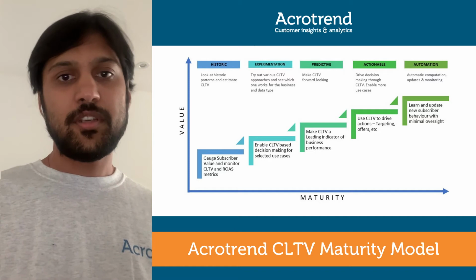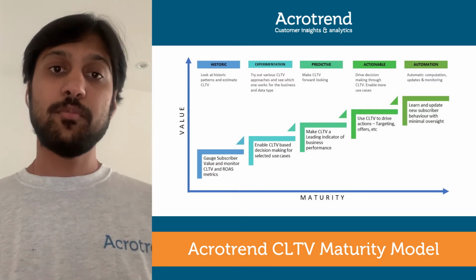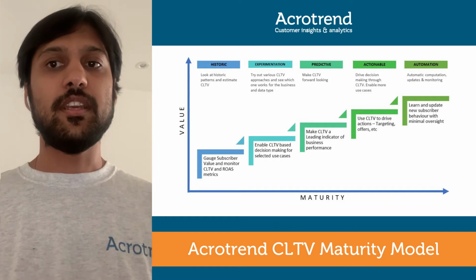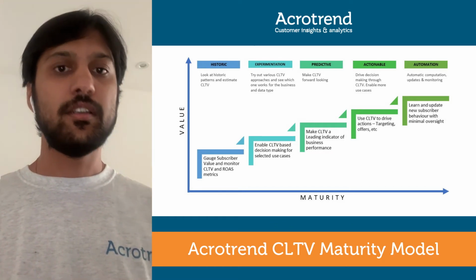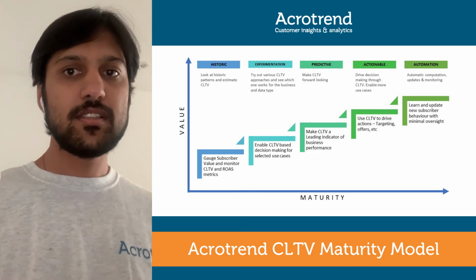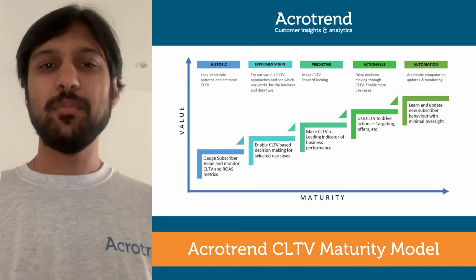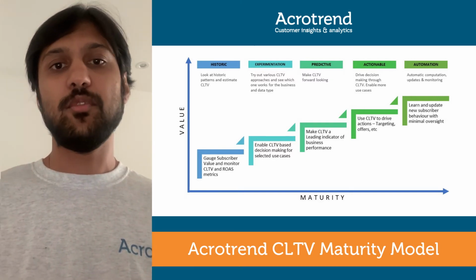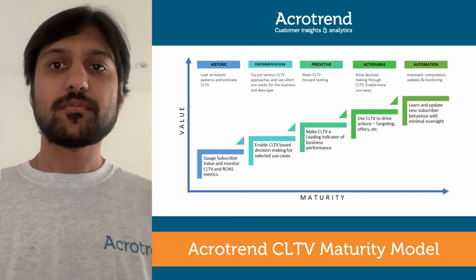Once you have done your experiments, then you go into predictive CLTV, which is forward-looking CLTV, making sure that you are predicting the benefits from CLTV. Once this is done, the next step is to reap the benefits of whatever has already been done and make CLTV more actionable for your businesses. Right?